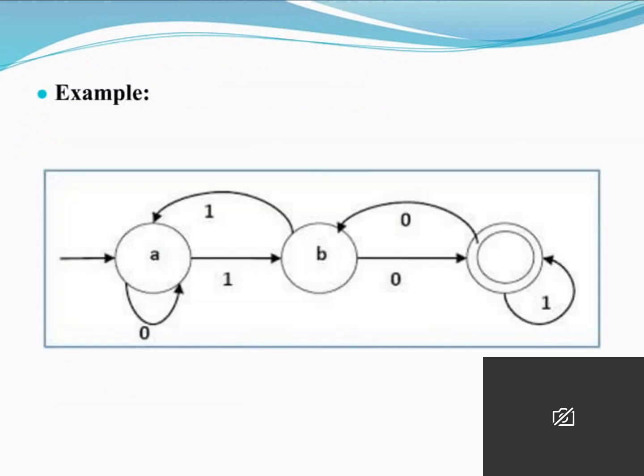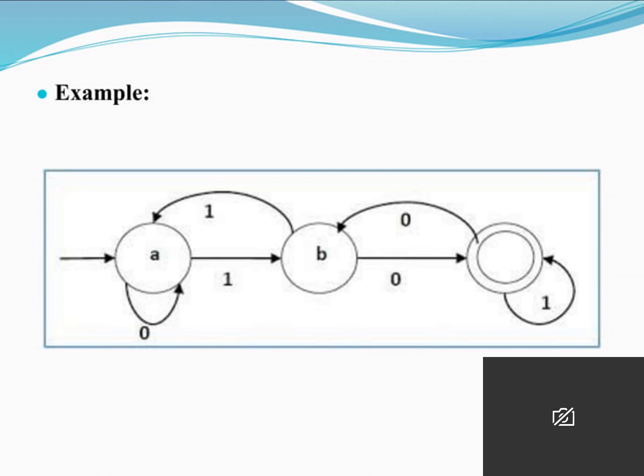For example, consider this example. We have taken 3 states. One state is state A, the second state is B, and the double-circled state is the final state or end state. Here we have two input symbols, one is 0 and the other is 1.